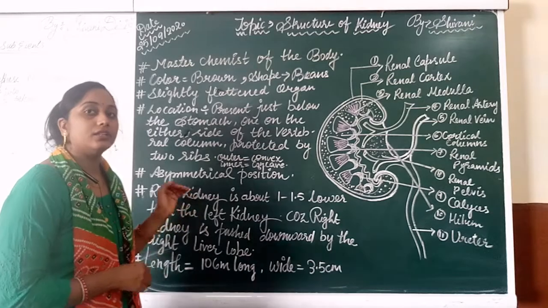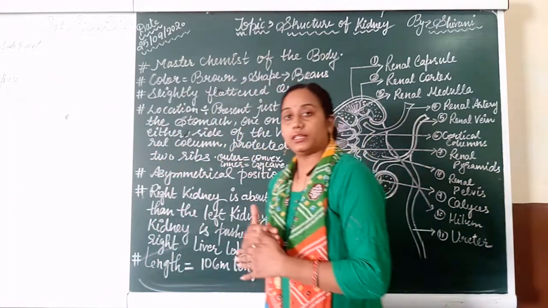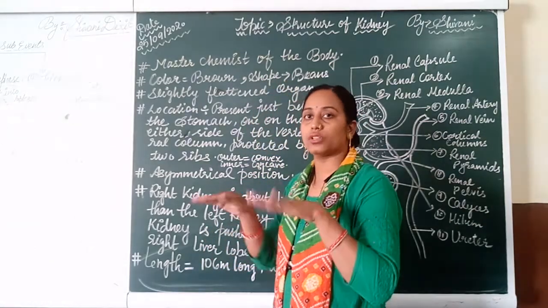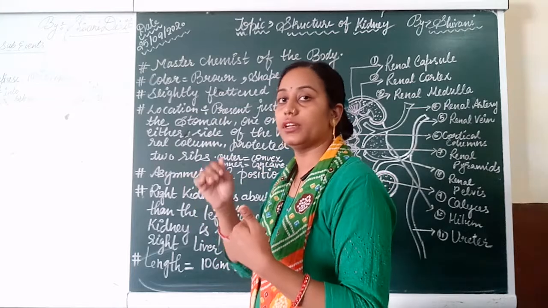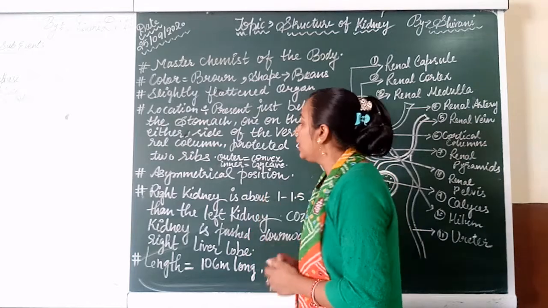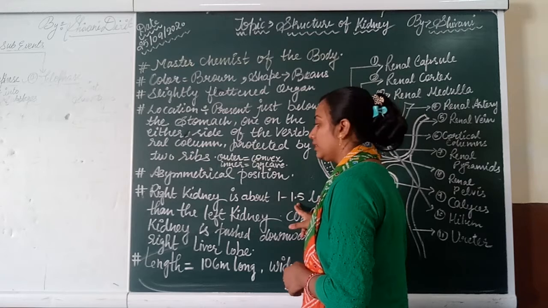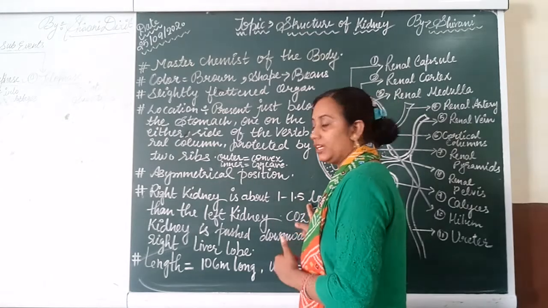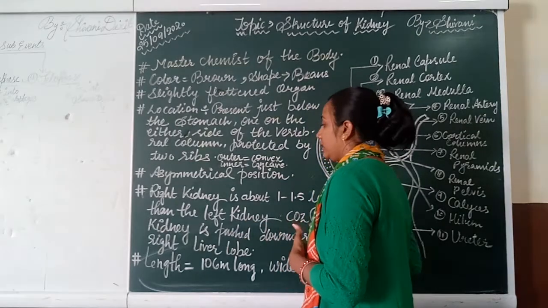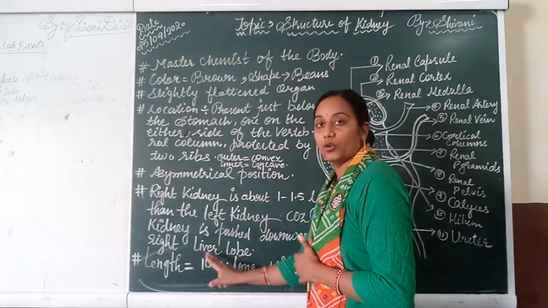The next thing is that the two kidneys, left and right, are slightly asymmetrical in position, which means they are not at the same level, one is a little bit above and one a little below the other. The right kidney is about 1 to 1.5 centimeter lower than the left kidney, because the right kidney is pushed downward by the right lobe of the liver.